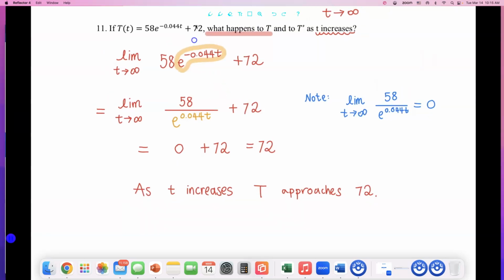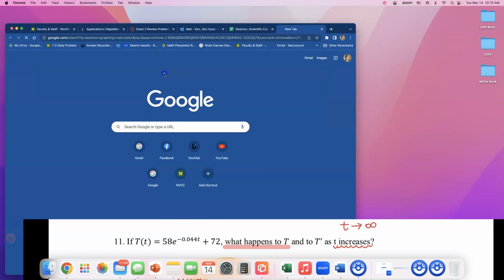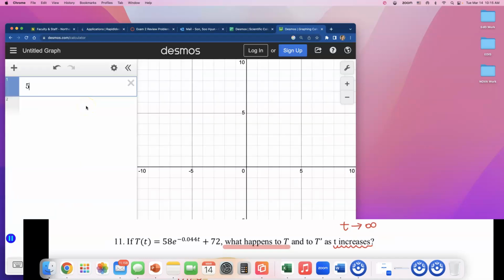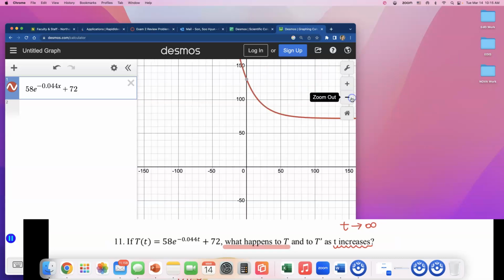Now we can confirm this by graphing it real quick. Let me see. Desmos graphing calculator this time. And I'll graph this original function they gave us: 58e to the negative 0.044. I mean, they don't use t, so just use the letter x for me. And then plus 72. Now I'm going to have to zoom out because we have a big horizontal asymptote of 72.